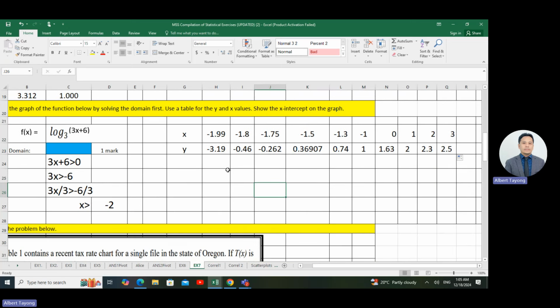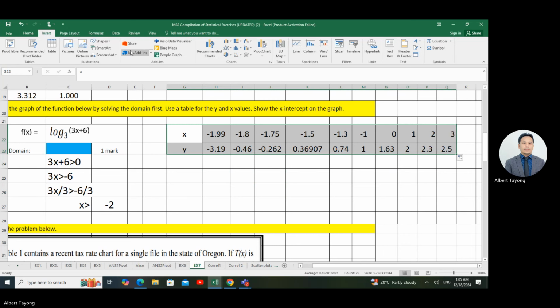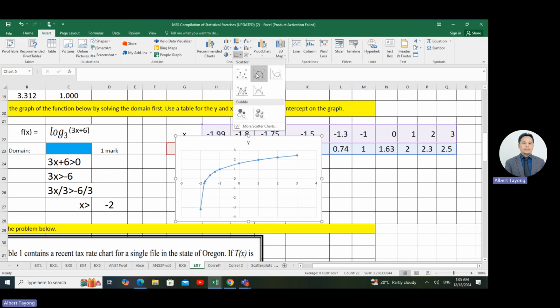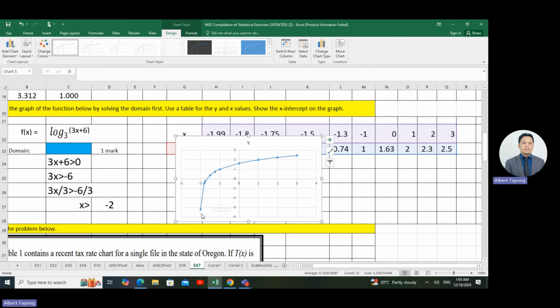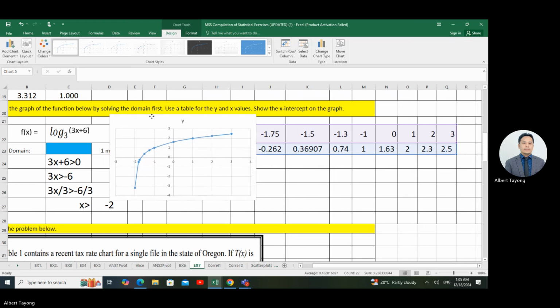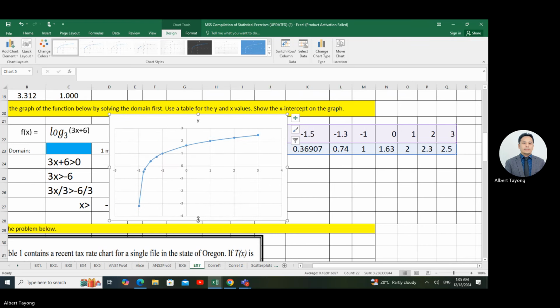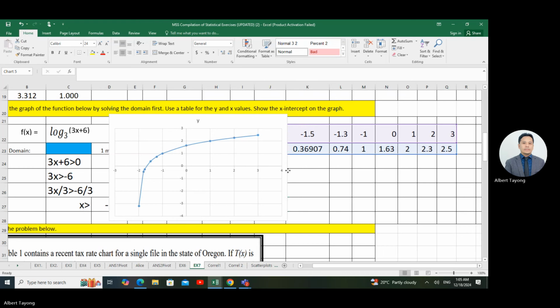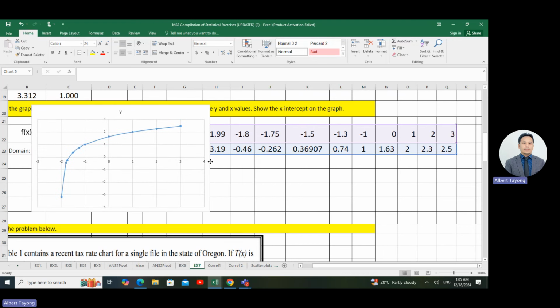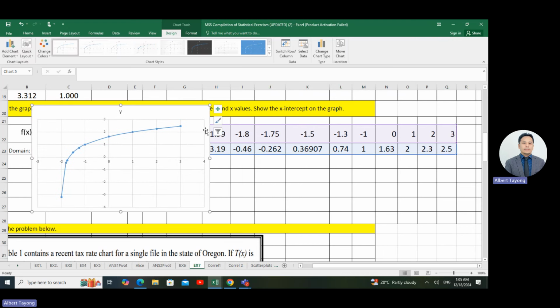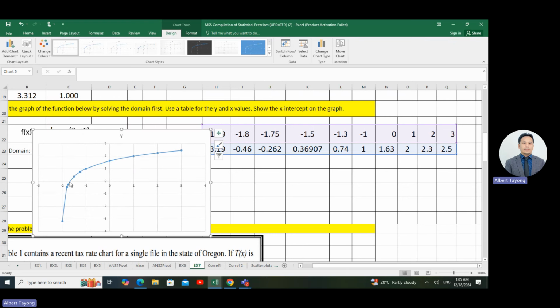Okay, so let's graph our data. Insert. Okay, this one, second one. So this is our graph. All right, so how to find the x-intercept here?